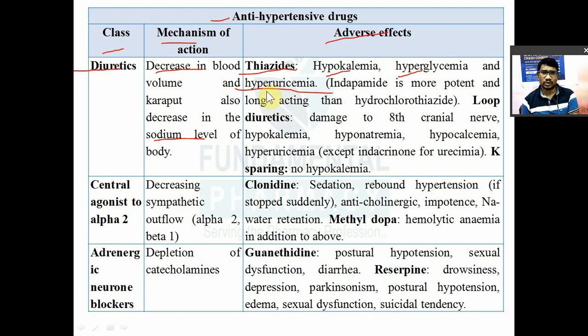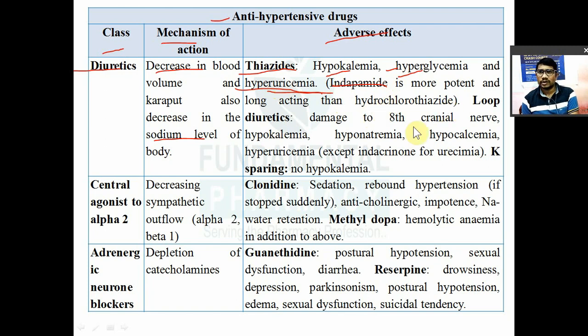So obviously, a drug that raises the uric acid level will be contraindicated in gout and arthritis. A drug that raises your blood sugar level is contraindicated in case of diabetes mellitus. So thiazides are contraindicated in diabetes, and also in your gout patient. Indapamide is also one of the thiazide diuretics, and it is more potent than other thiazides like hydrochlorothiazide.